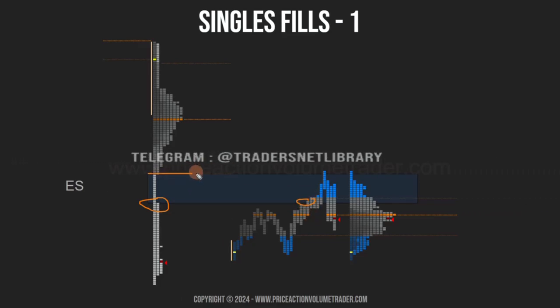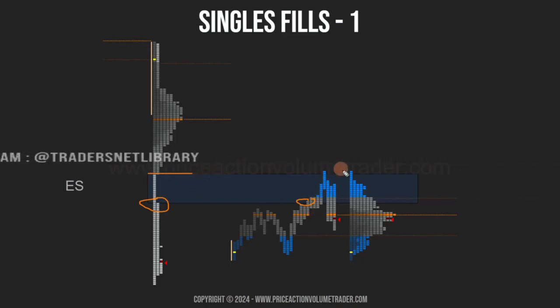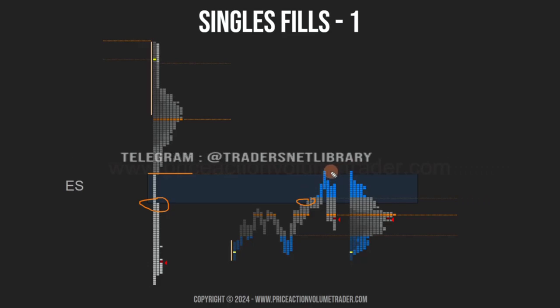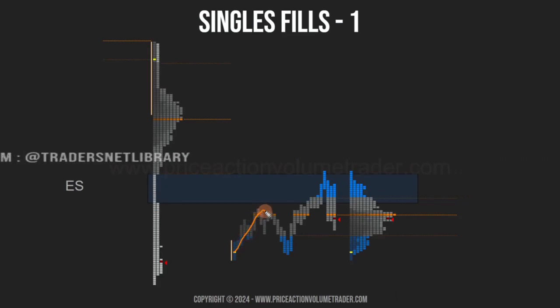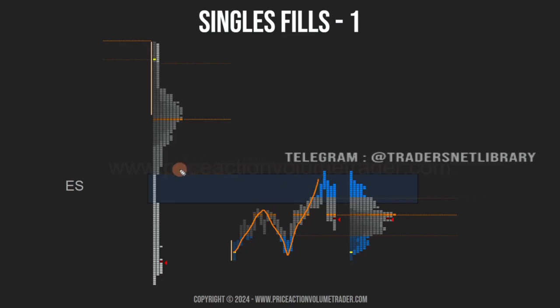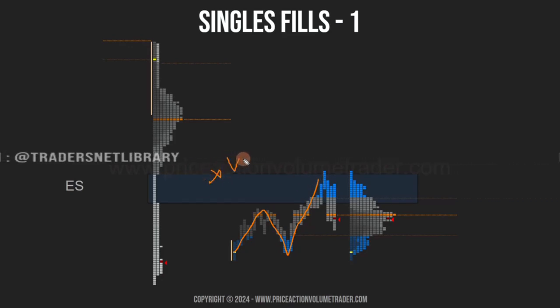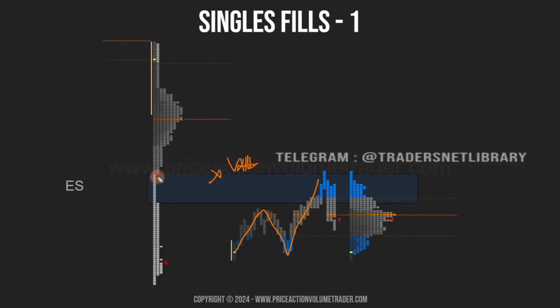So this will definitely be the main area where we expect to see some kind of resistance into the test of this ledge over here. And you can see how the market came up, almost tested it, and we did have a push down, but then it pushed back up right into the value area low, which happened to be also right in line with the fill of the singles.